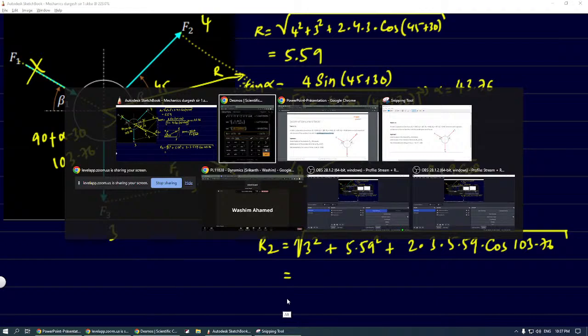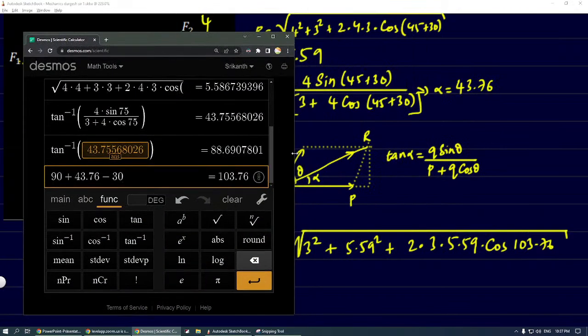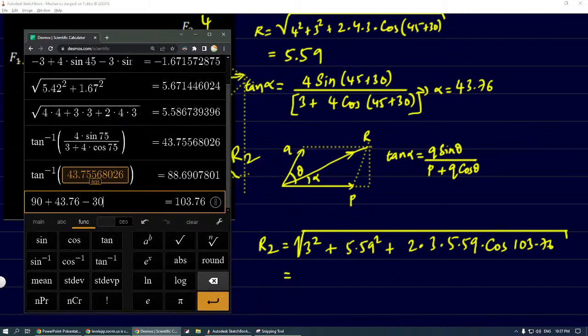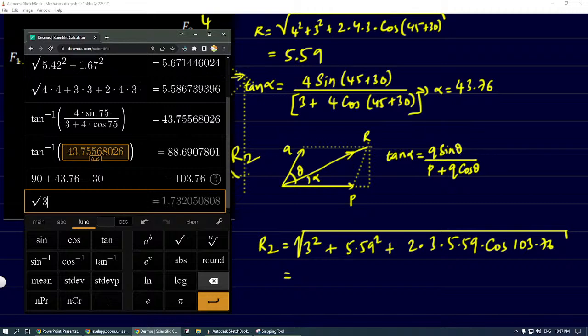What do we get? So 3 squared plus 5.59 squared plus 2 into 3 into 5.59 cos 103.76.